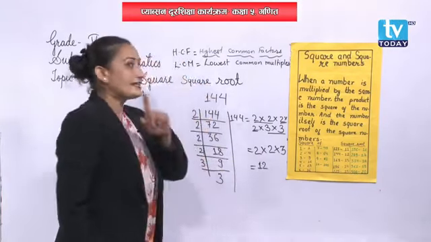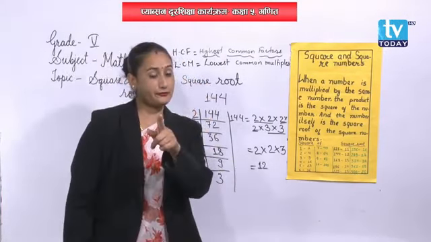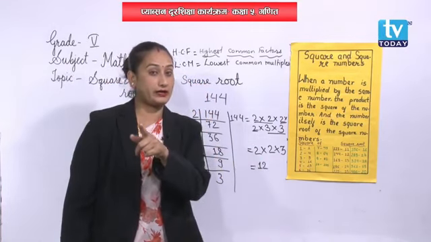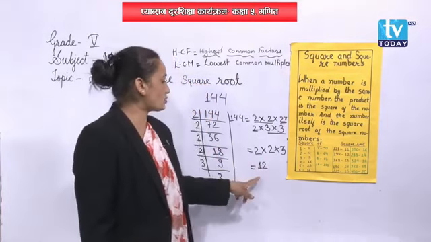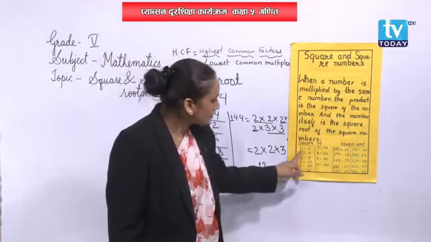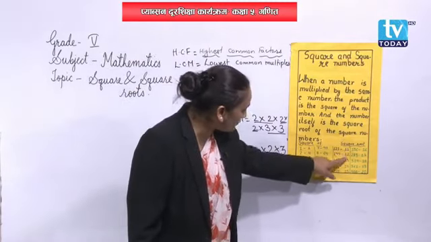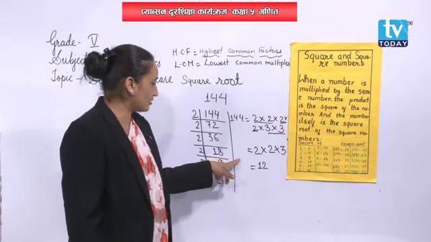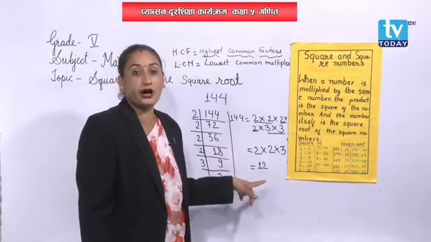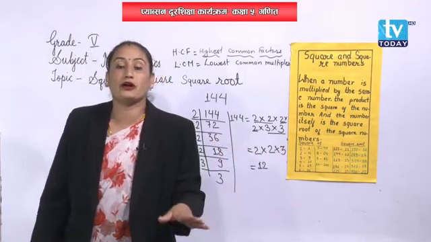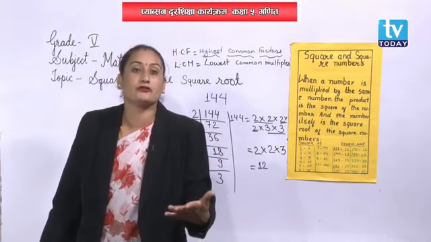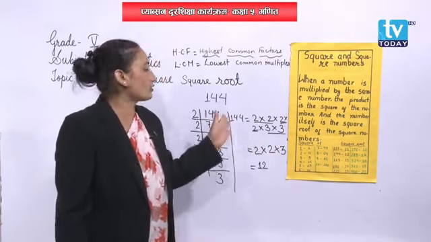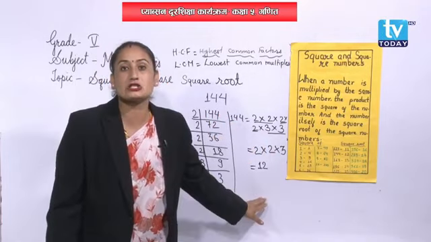Okay, students. Now, have you remembered the square numbers from before? Okay, what is the square of 12? Let's check what is the square of 12. Oh, it's 144. It's correct. So the square root of 144 is 12.